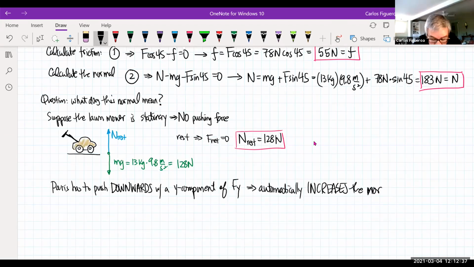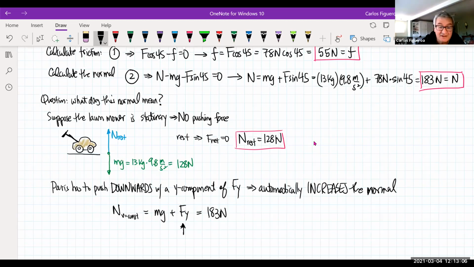Because we saw earlier that the normal when it's being pushed at constant velocity was mg, and now you can see there's this extra term. By her pushing down on it, it increases the normal to 183.